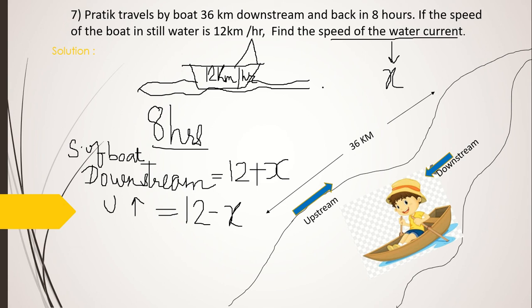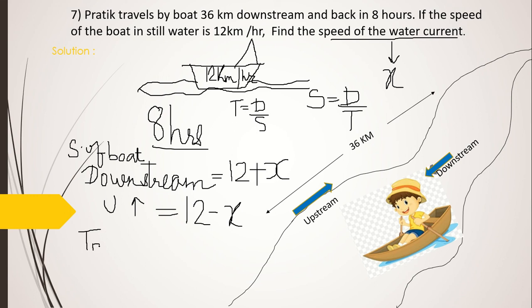Now we need to know another formula which we've already learned in 1.5 also, the speed formula. Speed is equal to distance upon time, therefore time is equal to distance upon speed. Do you remember this? Now we will take the time taken to travel downstream.